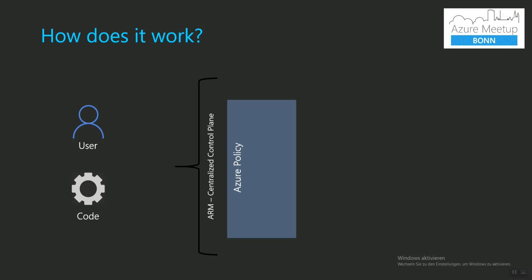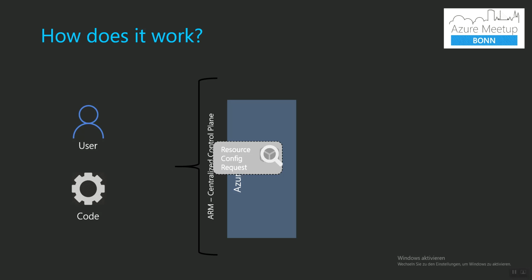So how does it work? I will give you a short overview about Azure Policy and Azure Resource Manager. Here we see a user or a code fragment, and this goes to the resource config request and to the ARM layer. And in the ARM layer, we have the Azure Policy layer.